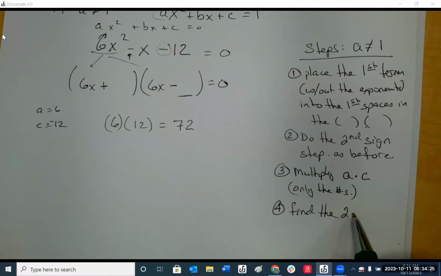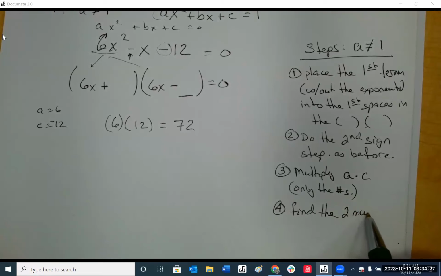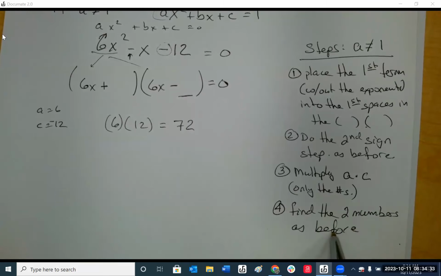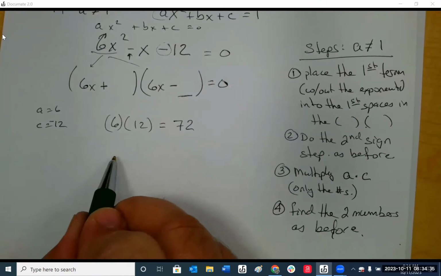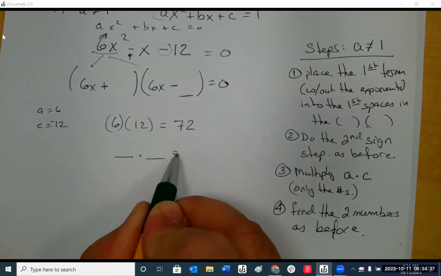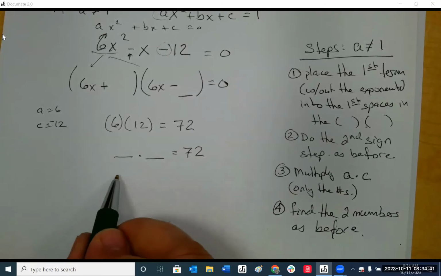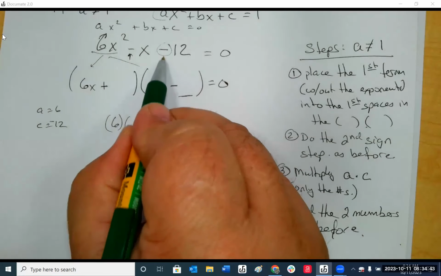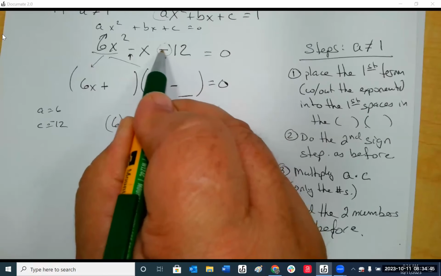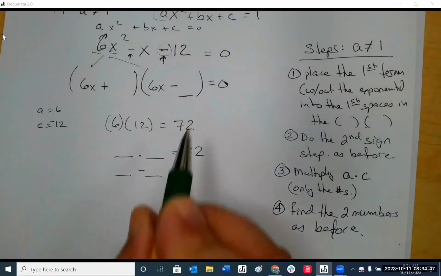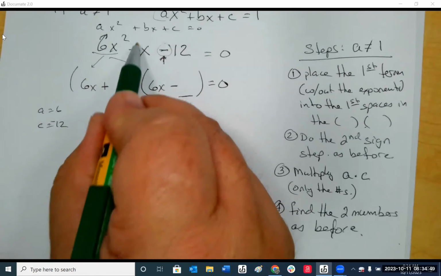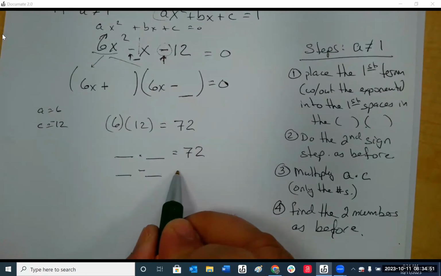Find the two numbers as before. So what times what equals 72, that when we subtract them, since that's a minus sign, we equal 1?